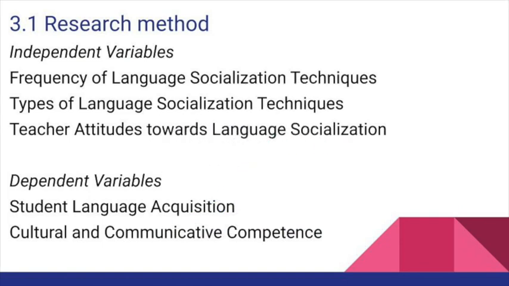Regarding the variables, we have separated independent variables from dependent variables. In the case of the independent variables, first we have the frequency of language socialization techniques. This variable contemplates the extent to which teachers use language socialization techniques like scaffolding, collaborative learning, and cultural integration in their lessons.